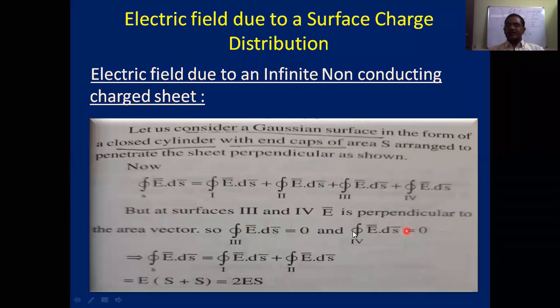Hence E bar dot ds bar we are getting 0. Then only the flux through region 1 and 2 contribute to the net flux. Therefore, surface integral E bar dot ds bar is equal to the flux through region 1 and flux through region 2. That is ES plus ES equals 2ES. Okay, 2ES.